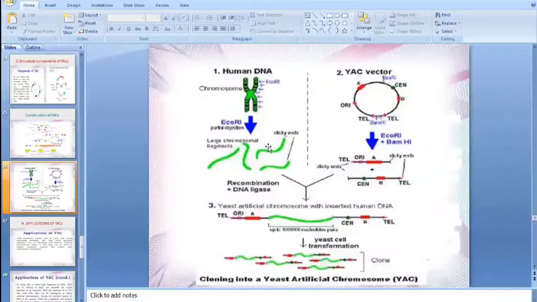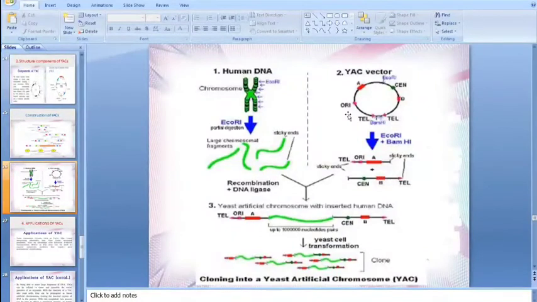The green colored DNA sequences are the gene of interest, which we want to replicate inside the vector. And these are the parts of the YAC vector, which I just explained. The circular DNA can be cleaved into linearized DNA by using restriction enzymes.